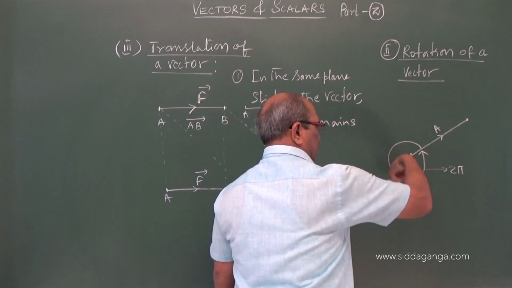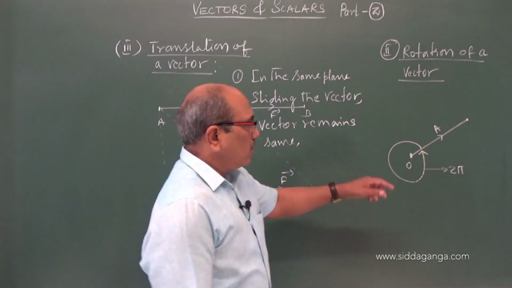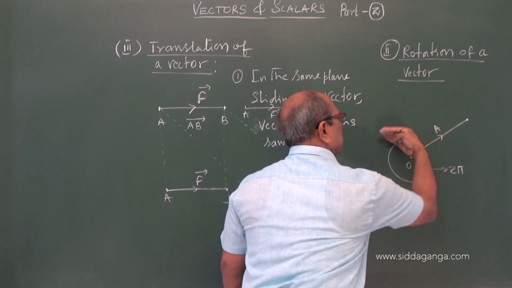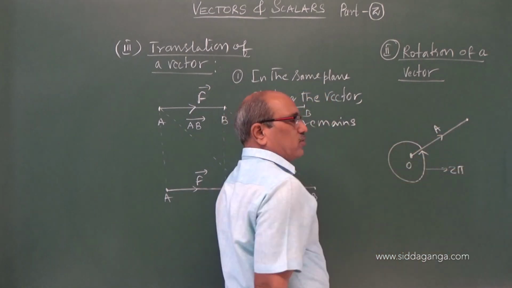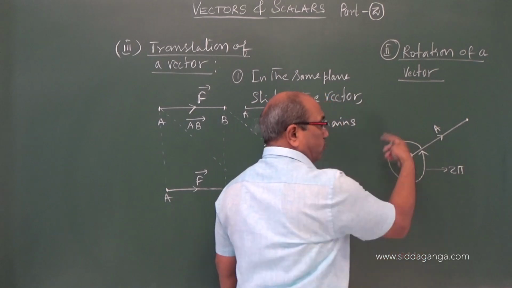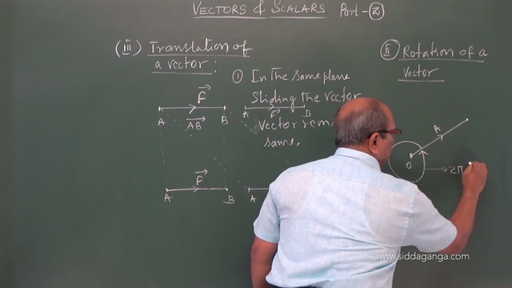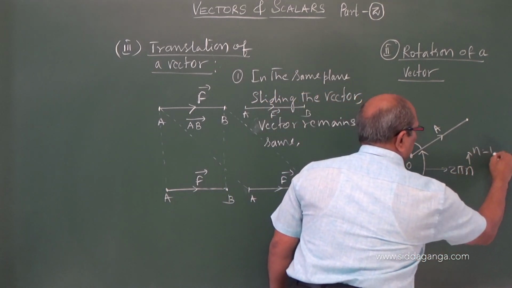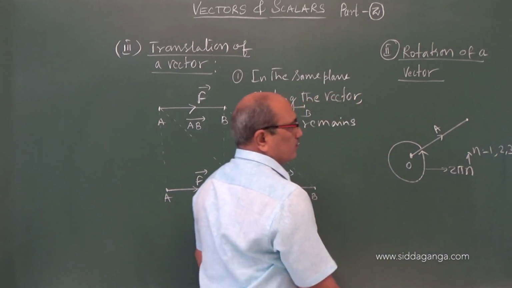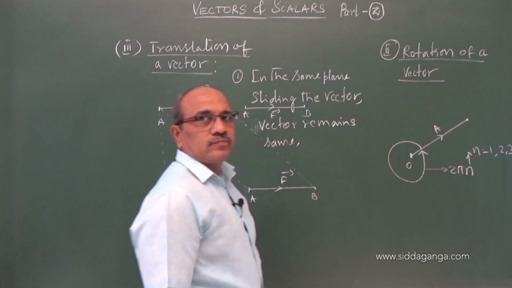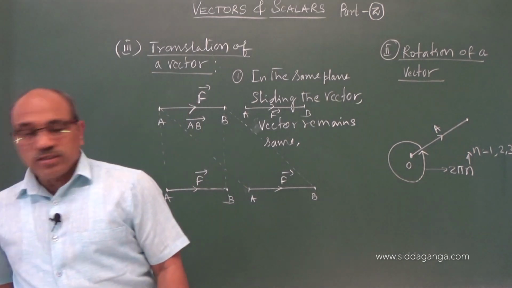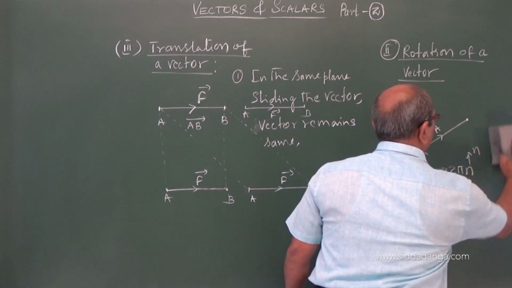I turned it like this completely and brought it back to the original position, 2 pi radian. Not only once, I can also multiply by n, where n may be an integer like 1, 2, 3, you can think.